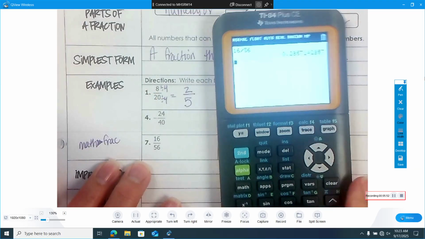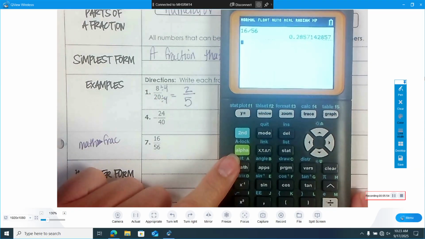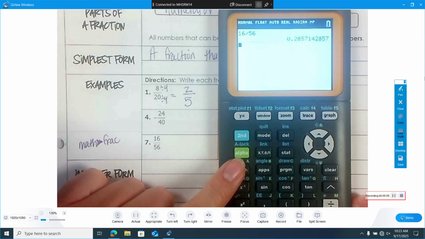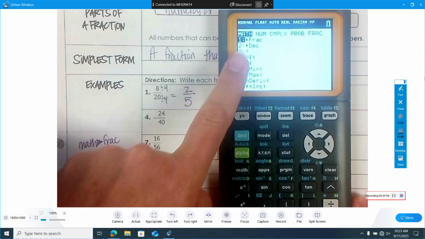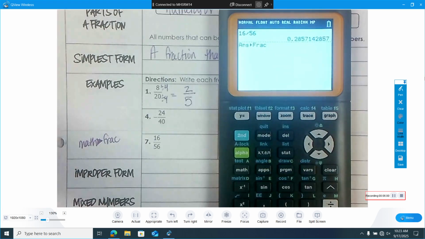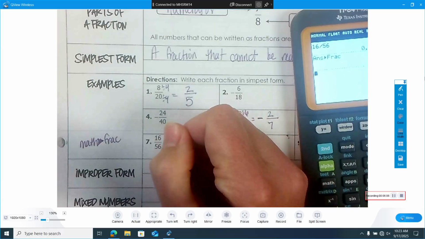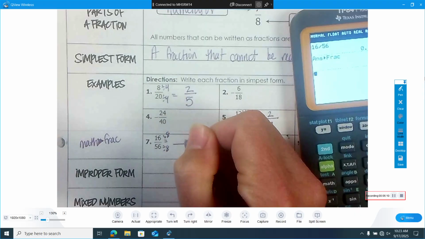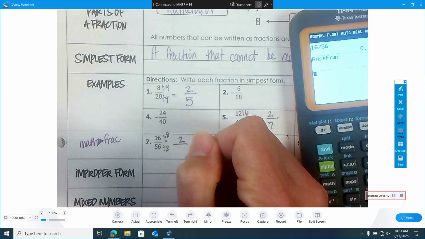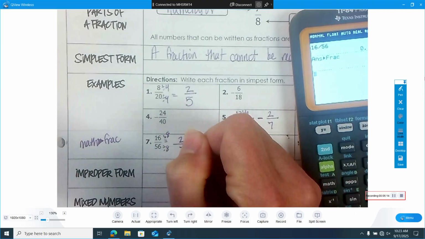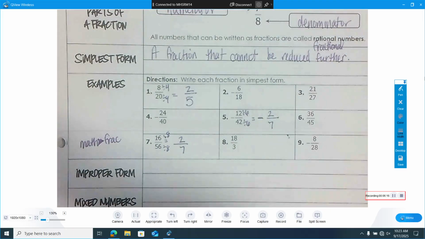On your calculator, you have a math button right below the alpha key, and then number 1 is convert to a fraction, and just hit enter, and it'll reduce it for you. So to get to 2 over 7, we must have divided by 8, top and bottom. 16 divided by 8 is 2, and 56 divided by 8 turns out to be 7. Hey, that was 2 over 7 as well. Crazy.